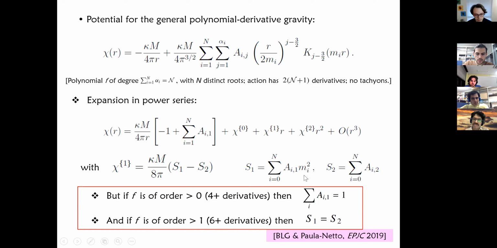And you can show that if f, remember f is the original function that's related to the action, is a polynomial of order greater than 1, that is a non-trivial polynomial, that is, if you have a theory of 4 derivatives in the action or more, then there is this identity here. And if f is of order larger than 1, that is, if you have at least 6 derivatives in the action, then S1 is equal to S2, and the linear term is 0.